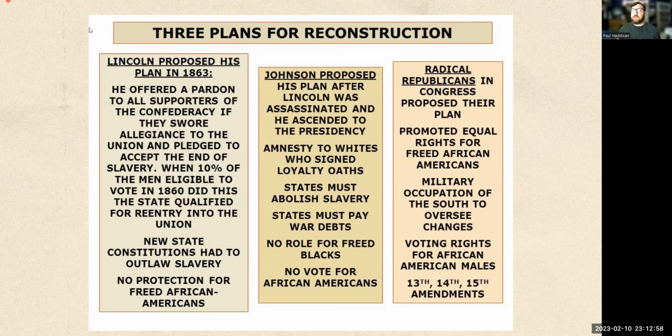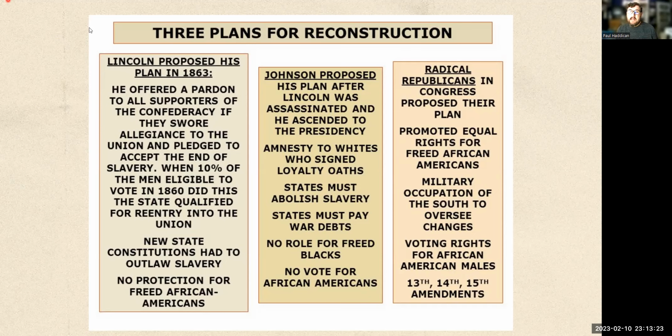Obviously, this should have been a little bit stricter than the president's, but Congress kind of goes all the way 180 degrees to the complete opposite end of the spectrum. They are going to do a lot of good things. They will establish the Freedmen's Bureau and really start to invest in the freed slaves and give them homes and places to live and education.